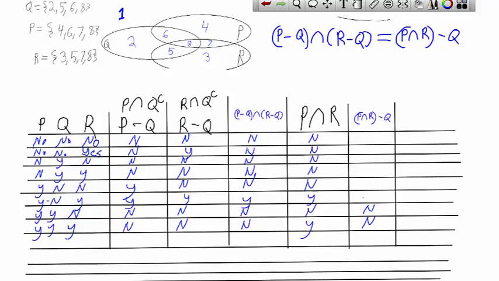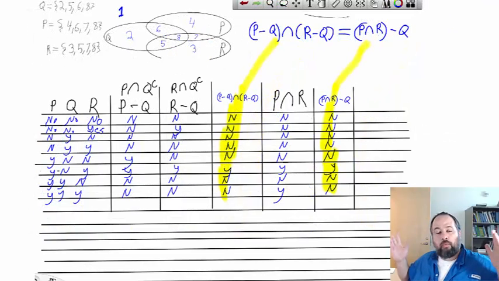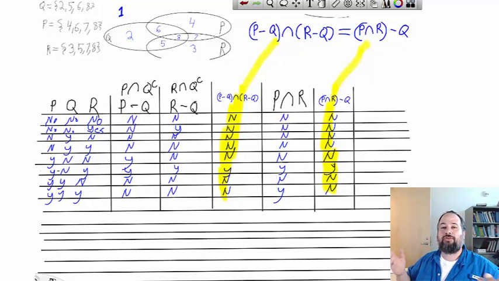And then here where it is yes, it will stay yes, because on that row it is not in Q. And the rest of these will be N. So essentially the columns that we're interested in are these two right here, because those correspond to our equations, and we see they are in fact equal. So that is proving through the tabular method that two sets are the same, which is exactly what we do with truth tables. So it's no different whatsoever.